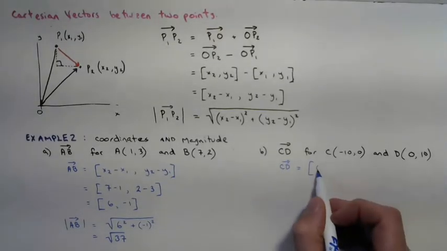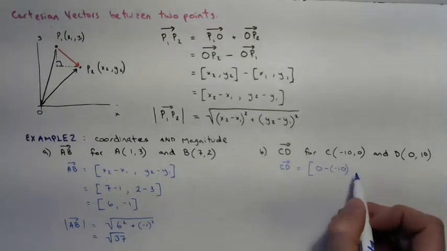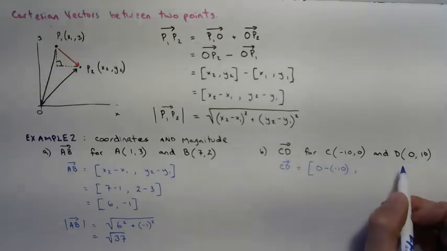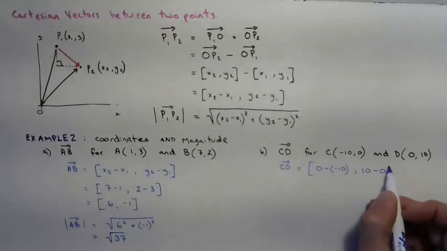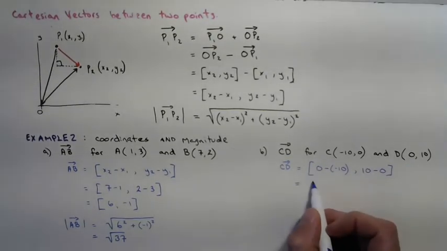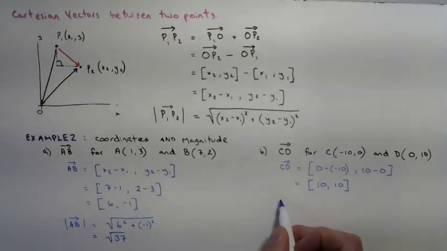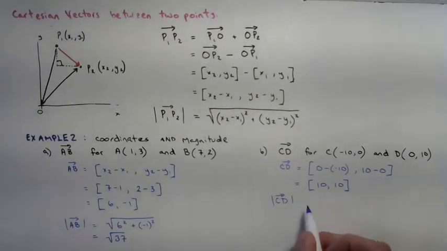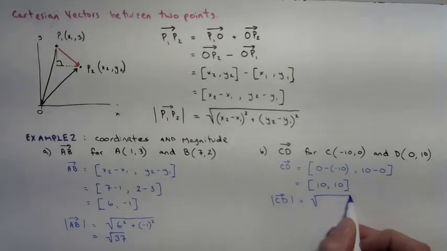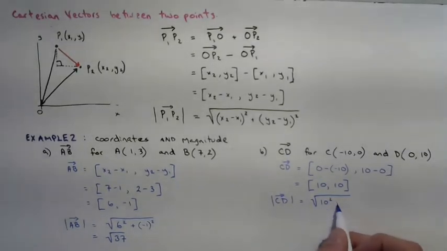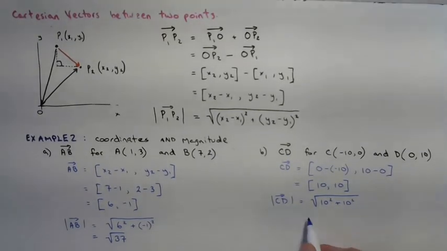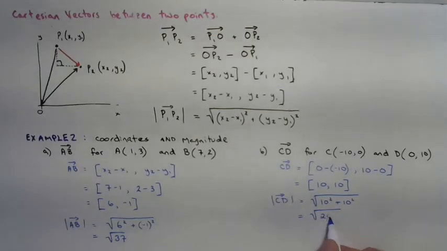So we've got 0 minus negative 10. And the difference of the vertical displacement is going to be 10 minus 0. It's going to give us the vector 10, 10. And for the magnitude of CD, then we're just taking the square root of 10 squared plus 10 squared, which is the square root of 200. And that's done.